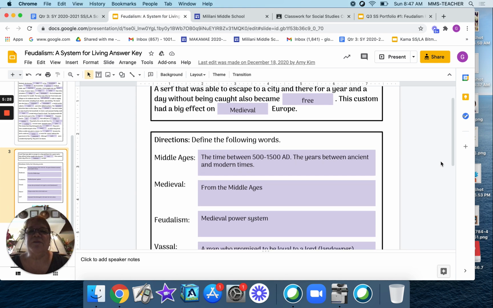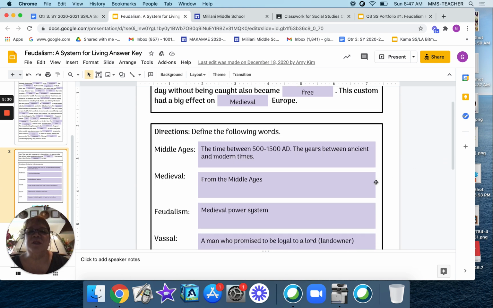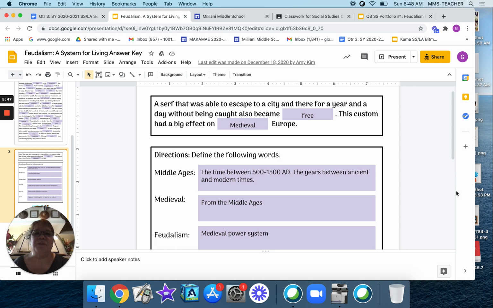Now, the definitions for the following words. Middle Ages is a time between 500 and 1500 AD, the years between ancient and modern times. Medieval means from the Middle Ages.